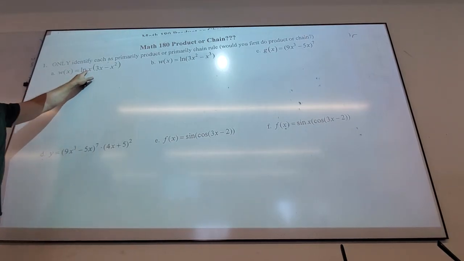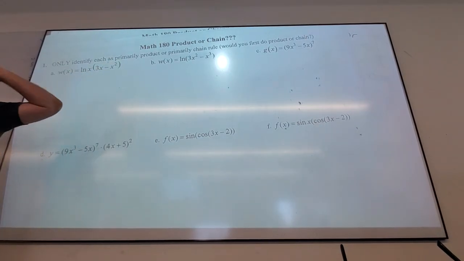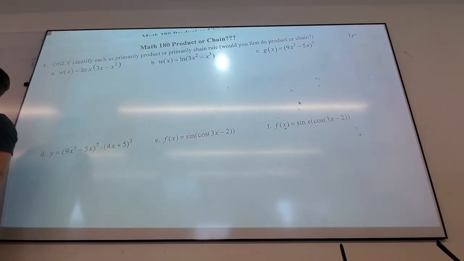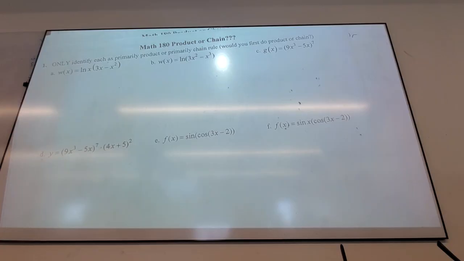If I intended this whole thing to be inside the ln, what would I have had to put? A parenthesis. So what is the only thing inside of ln? x. So it's ln x times the other stuff: product. You with me? What about 1B?